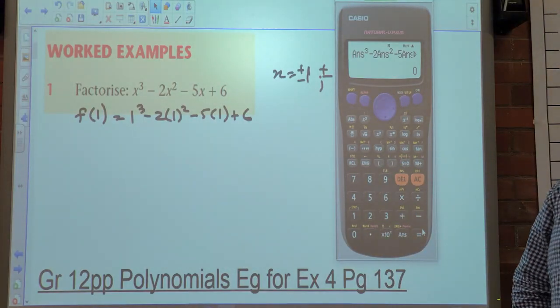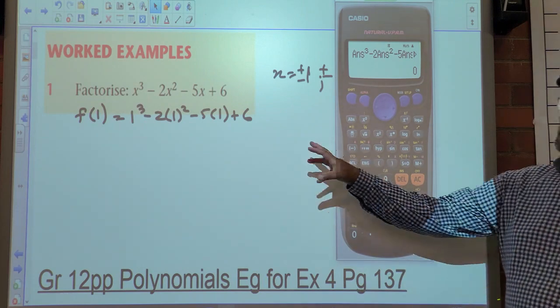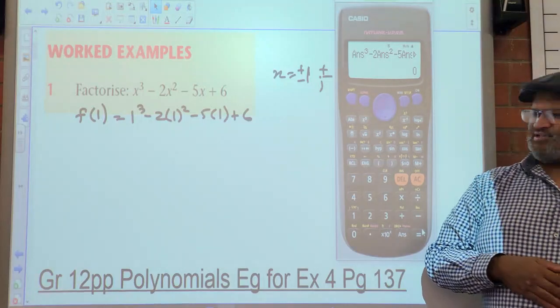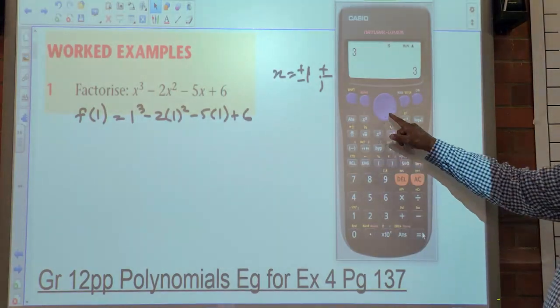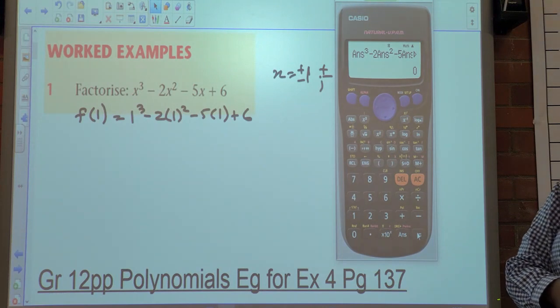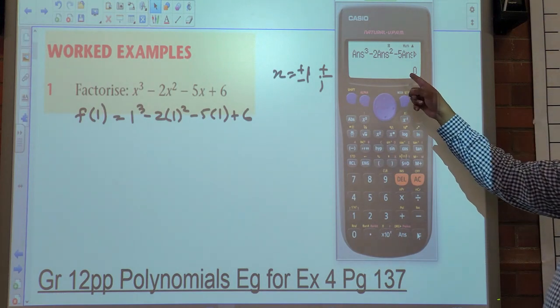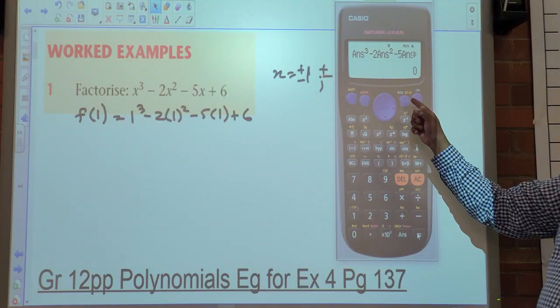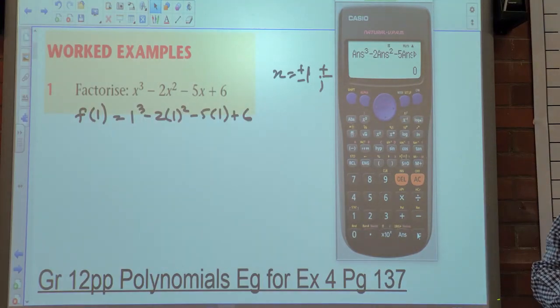You see that, people? Once we factorize this, you'll see minus 2 will also be one of those answers. Let's check 3. Would 3 have been a factor? Yes. It's a solution. So if x is 3, then what is the factor? x minus 3. You guys understand?